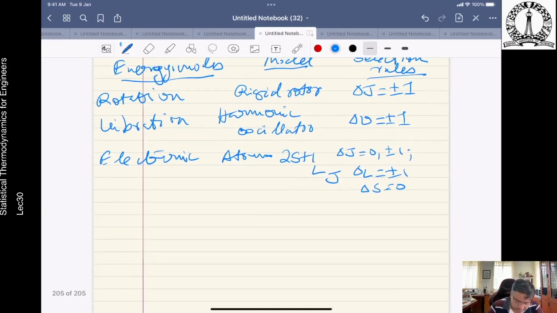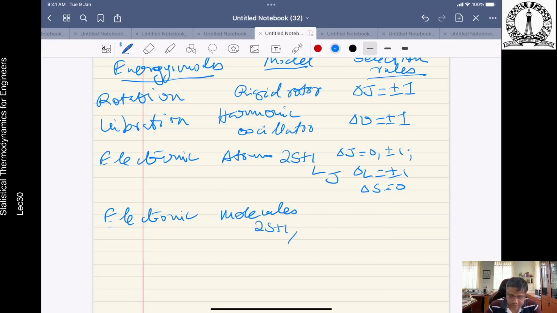Then of course electronic, and this is the last one, this is for molecules, 2S plus 1 Λ, with delta Λ equal to 0, plus minus 1, delta S equal to 0.